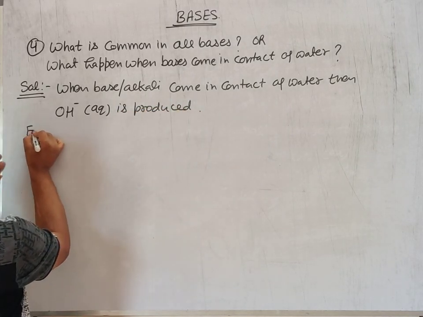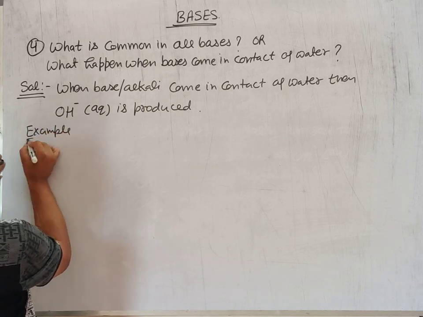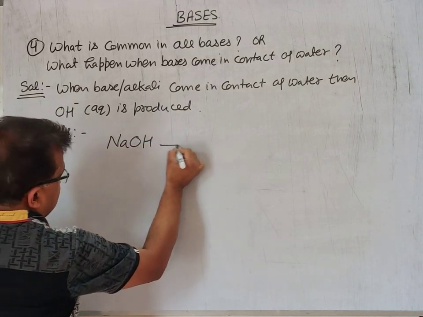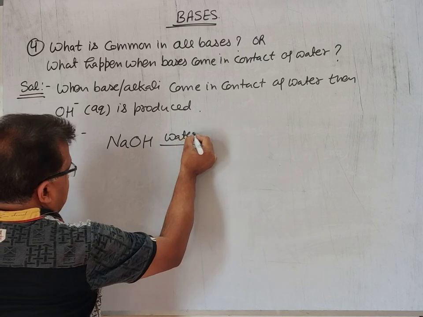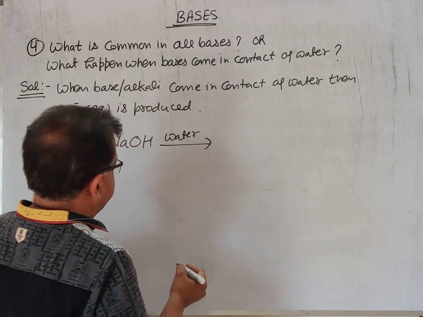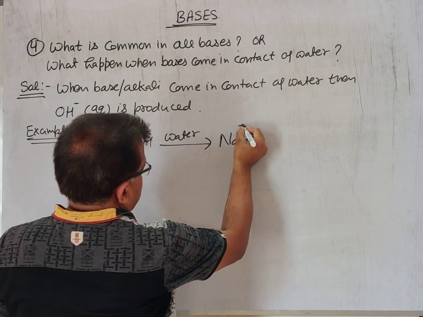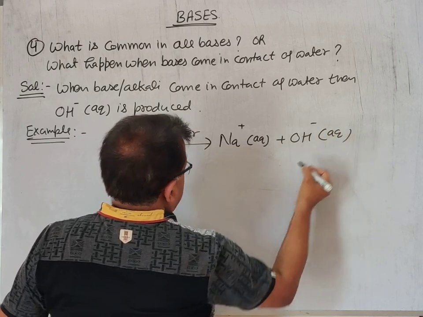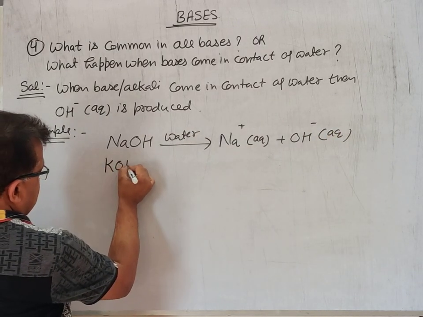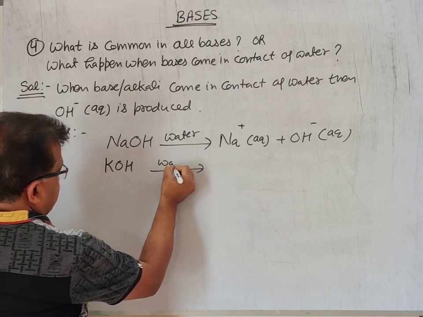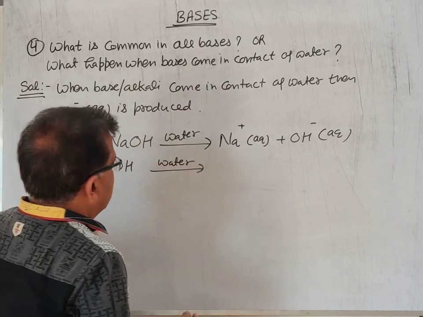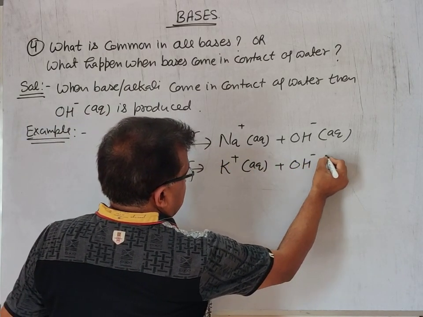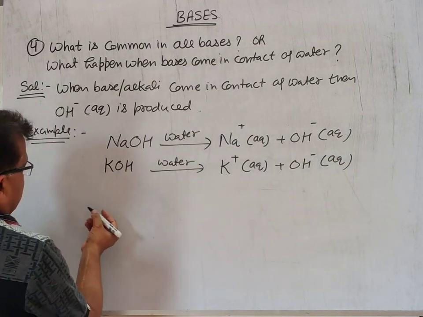For example, sodium hydroxide when it comes in contact with water, then it produces sodium ion and hydroxide ion aqueous. Similarly, potassium hydroxide produces the same. The same condition applies in all alkalis.